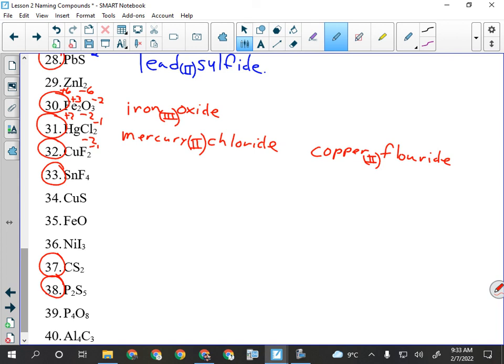And then for 33, we've got tin and fluorine. Okay, so we're going to have tin fluoride. And again, fluoride's always a -1, so that gives us 4 positive charges, or sorry, 4 negative charges, which means that our single tin atom must have a charge of +4. Okay, questions on any of those? Okay, those are probably the trickiest ones.